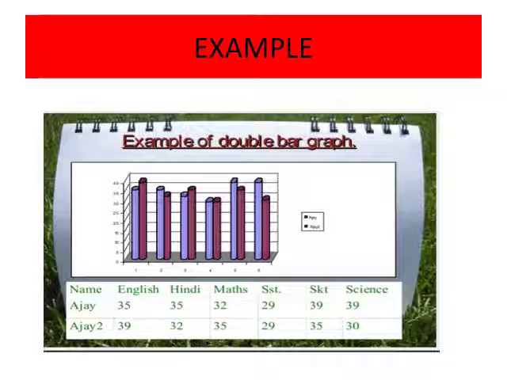In which subject there is maximum difference? So it is in science. Ajay has got 39, but Ajay 2 has got only 30 marks. So children, it means that double bar graphs are used only for comparing the data.